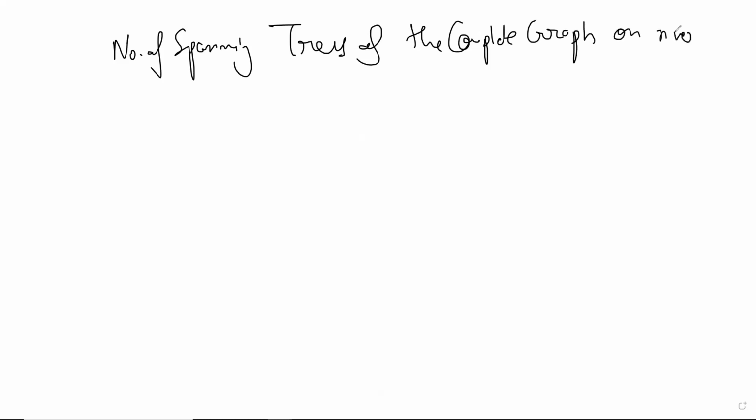Because if you take all possible spanning trees of the complete graph, then you'll get all possible trees. So the question of counting all possible trees on n vertices and spanning trees of the complete graph on n vertices is the same question.